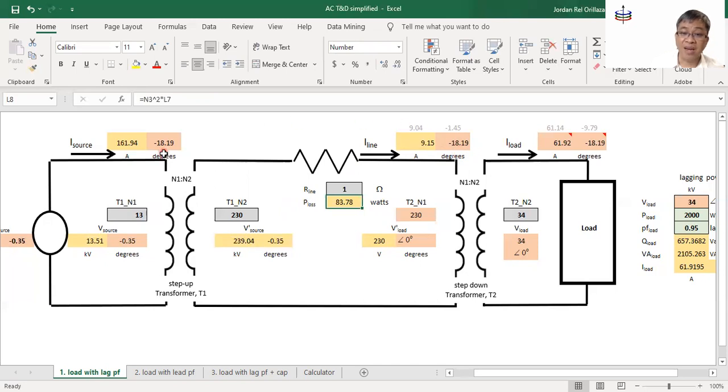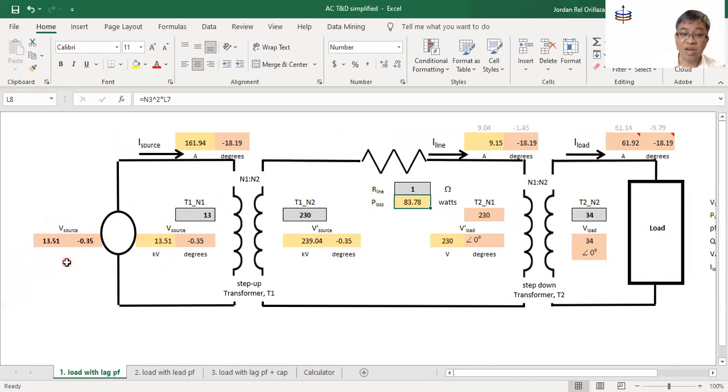We copy the angle there, but the magnitude of the current is from this one scaled based on the turns ratio of the transformer here. This is the low side, so we expect higher current on the low side of the transformer. So that's a higher current there compared with the current on the high side. So that's the current, and that's the magnitude, and that's the angle there.